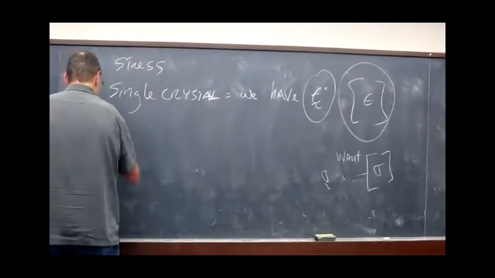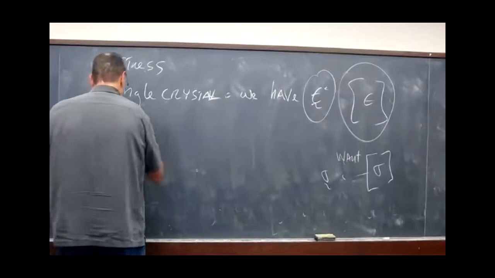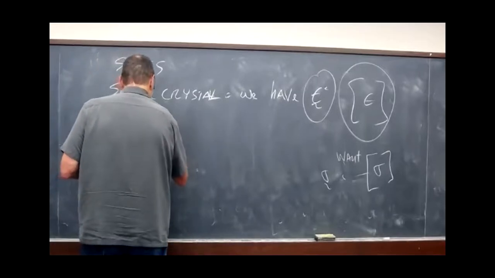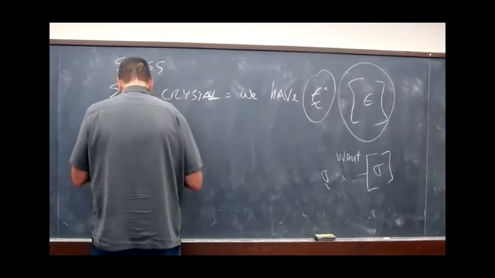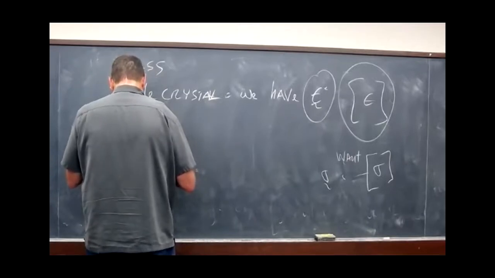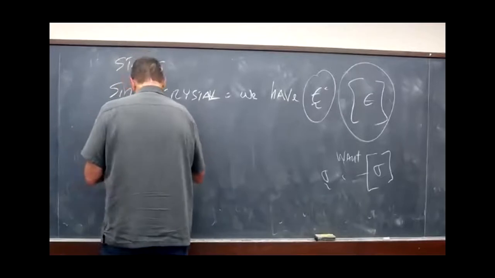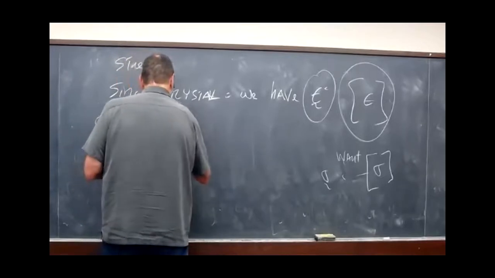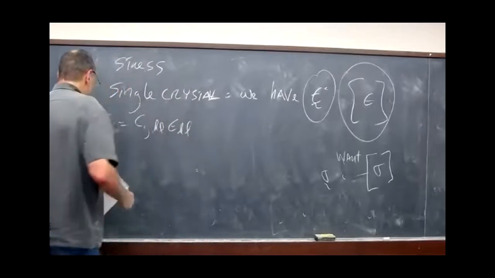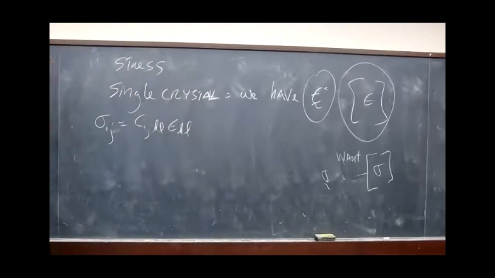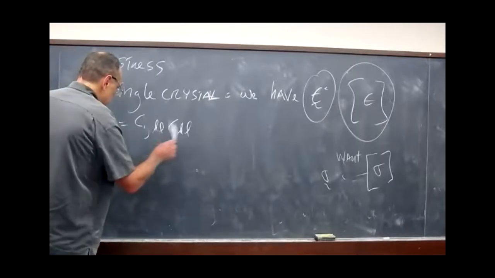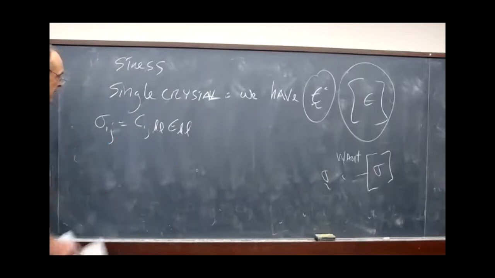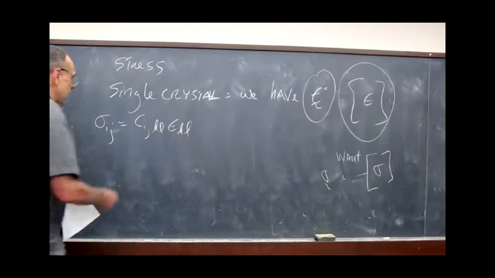The simplest expression, using index notation, is that sigma is a second order tensor, and this is a fourth order tensor. So inside this, you have 81 constants, 3 to the 4th.